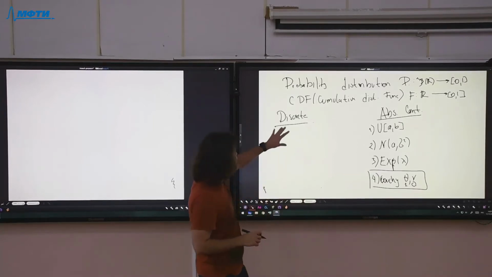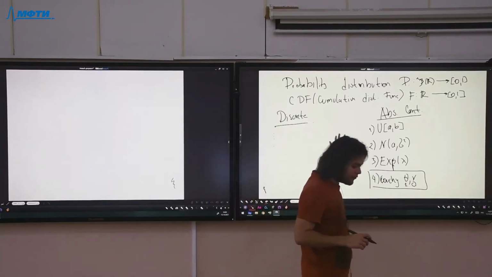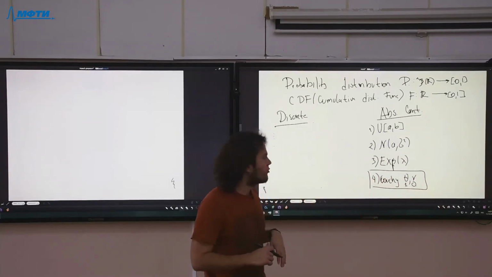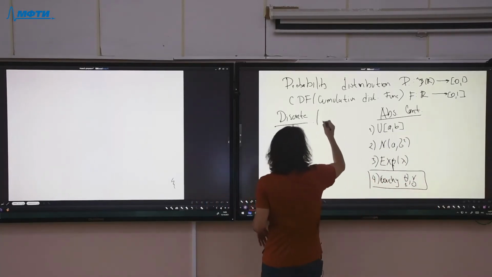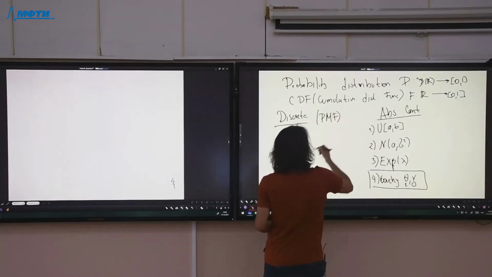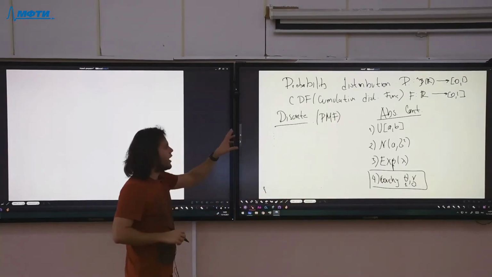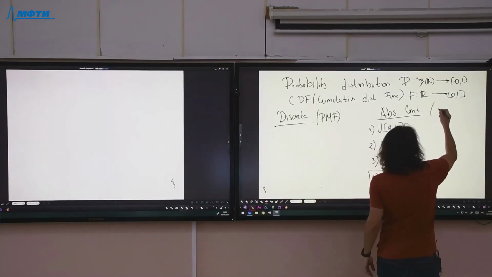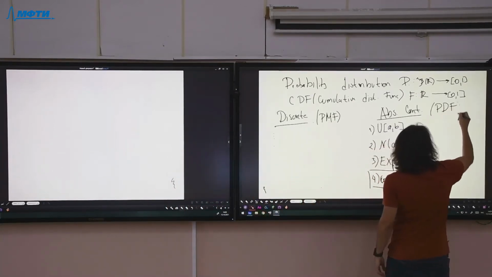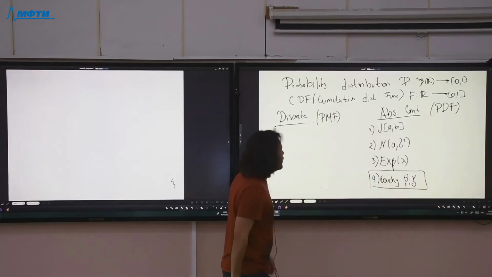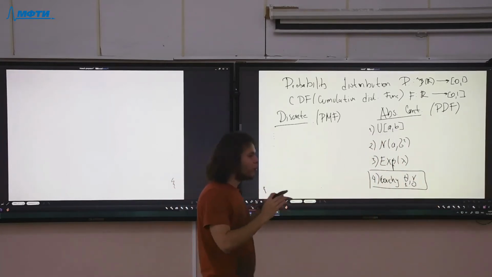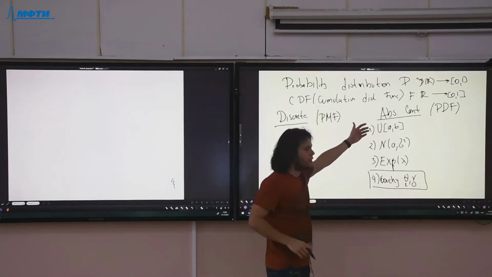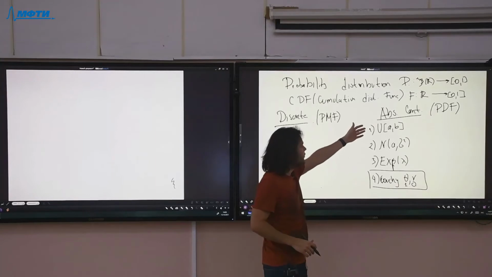So if we have the discrete case, we can define something called the probability mass function, the PMF, right? But if we have the absolutely continuous distribution, then we define the PDF, the probability density function. And the probability density function is actually the one that we are going to use when computing any of the things that we want from these distributions, right?